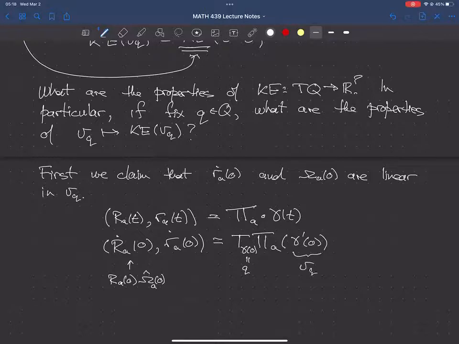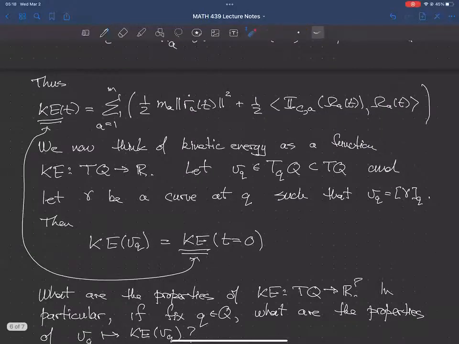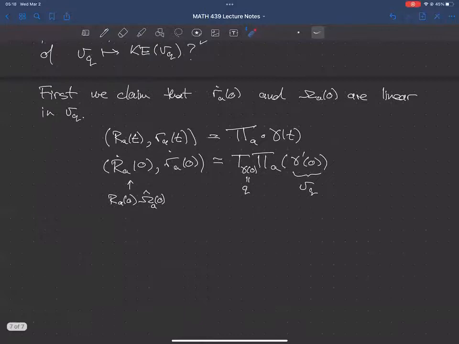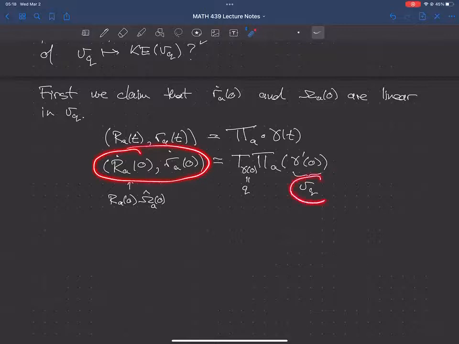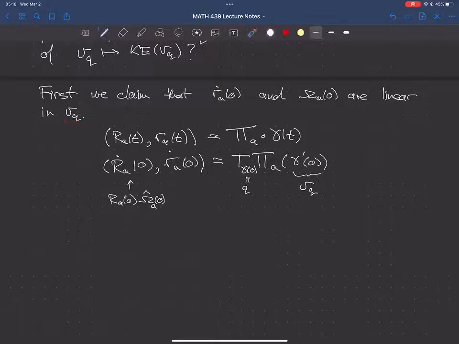That's my definition of the relationship between VQ and gamma. So you see that these things depend linearly on VQ because this thing is a linear map. Again, in coordinates, it's just the Jacobian. That establishes my assertion that these are linear functions of VQ.